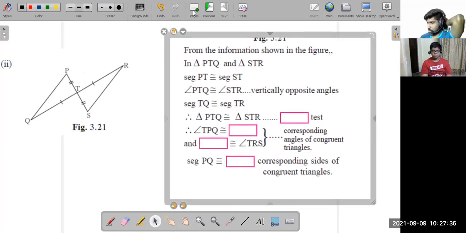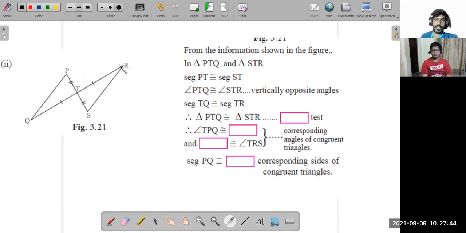Okay, this one answer now you tell me. In triangle PTQ, that is this one, and triangle STR, this one on this side. Firstly, given, PT is congruent to ST. Then angle PTQ is congruent to angle STR because they are vertically opposite to each other.